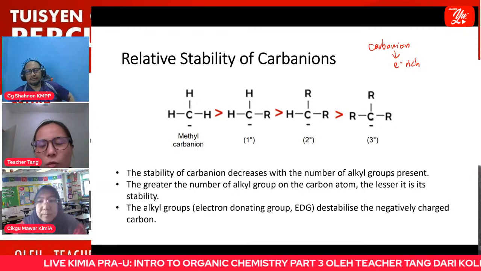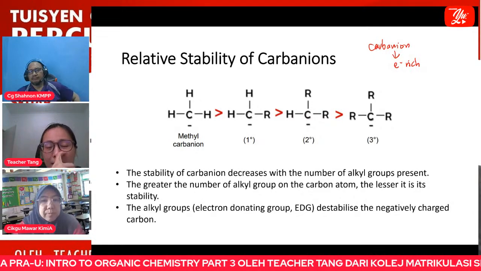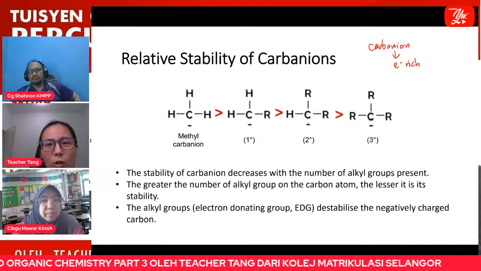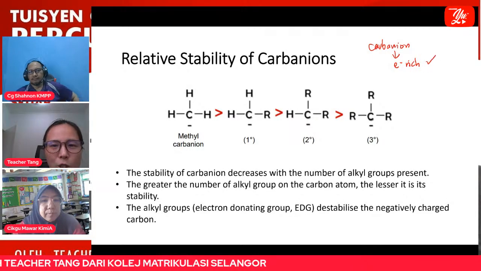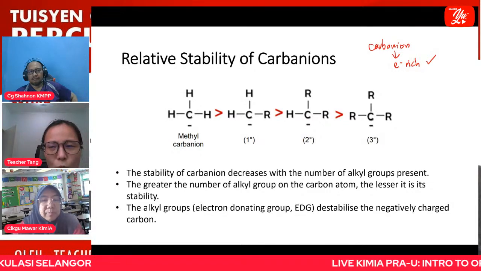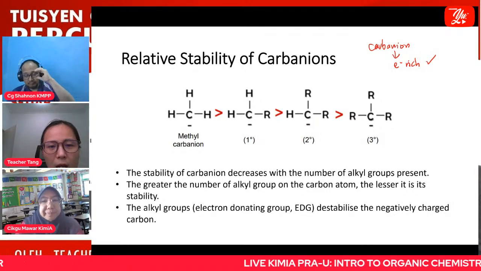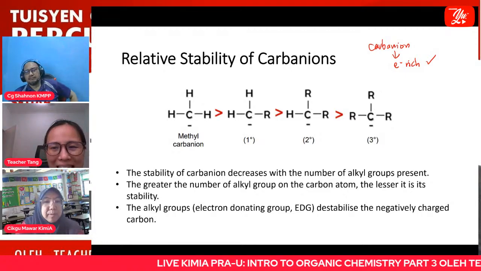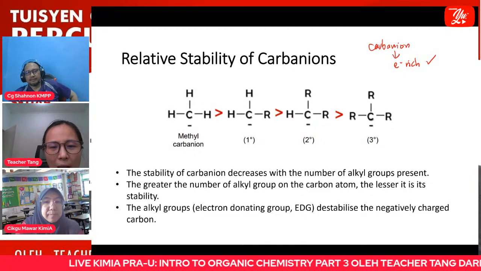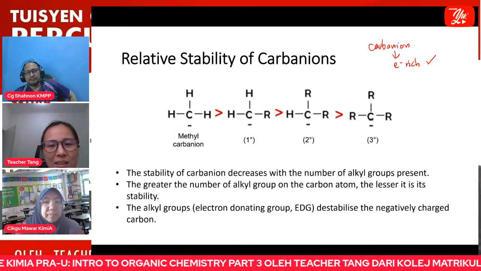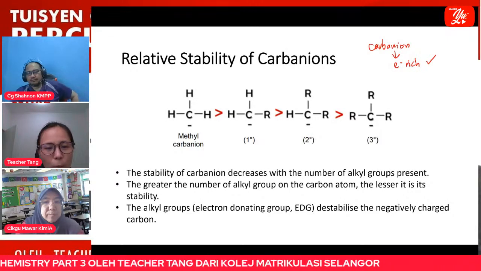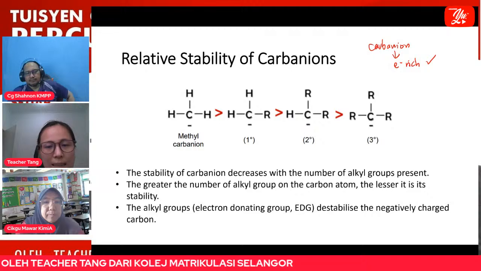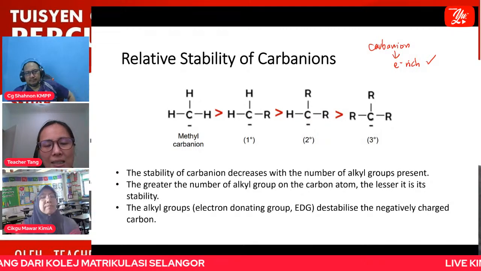If it is electron rich, then it doesn't need alkyl groups to release electrons to it because it is already very rich in electrons. The more alkyl groups release electrons to it, the more they actually destabilize the carbanion, because it is already very rich in electrons. The alkyl groups want to give it some more electrons, making it more unstable.